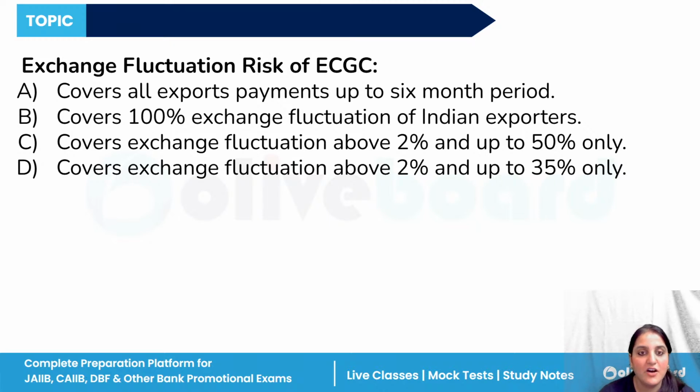Basically, it covers above 2% and up to 35%. Option D is correct here. Covers exchange fluctuation above 2% and up to 35% only. Okay.